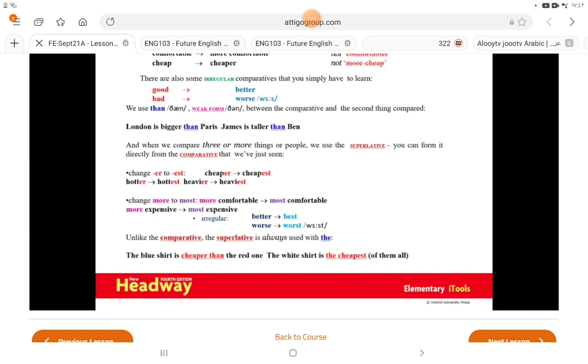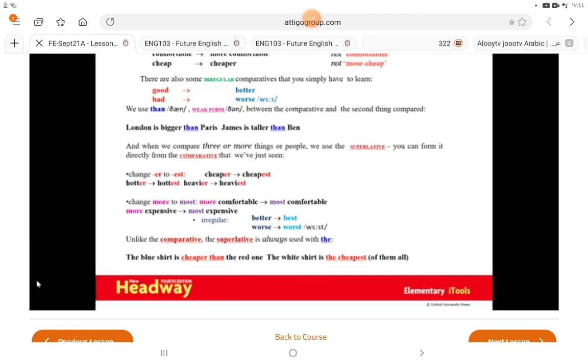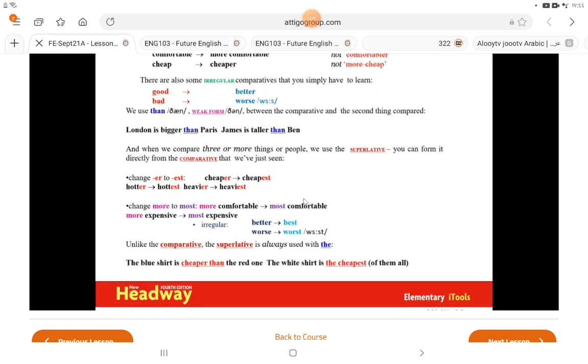But if you have only two flowers, blue and red, then you will say, I think the blue flower is more beautiful than the red flower, for example. Can I say more beauty? No, because beauty is not an adjective. Beauty is a noun.